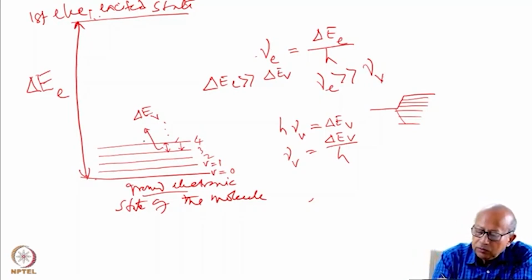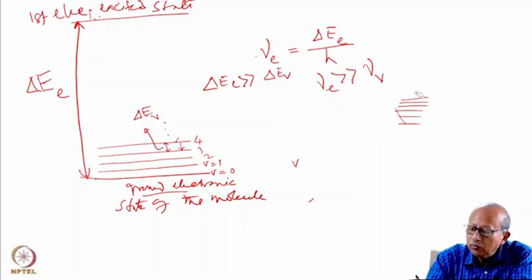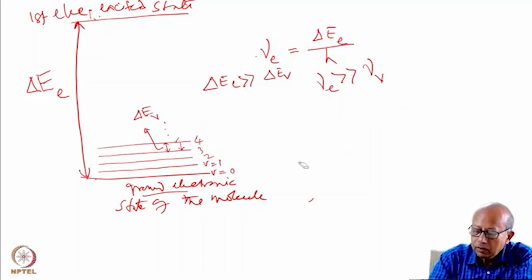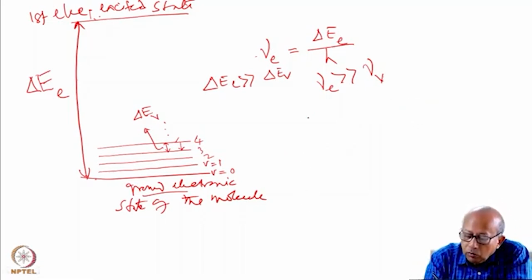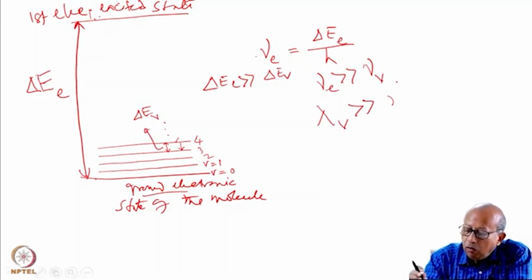Or in other words, if we express it in wavelength, the wavelength of vibrational transition will be much more than the wavelength of electronic transition.